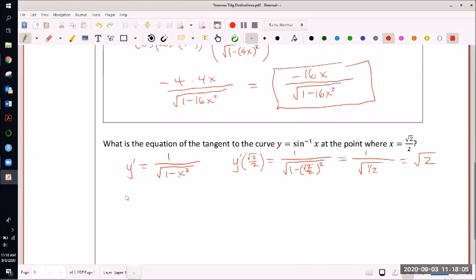Now I need to find the point, right? So this is the slope, and I need the point so I can put it in point slope form. So the point, I'll get the y coordinate of the point by evaluating y at the square root of 2 over 2. So that's going to be the inverse sine of the square root of 2 over 2.